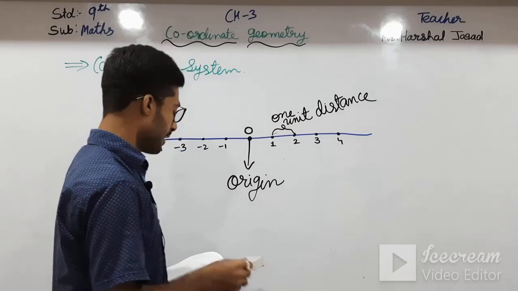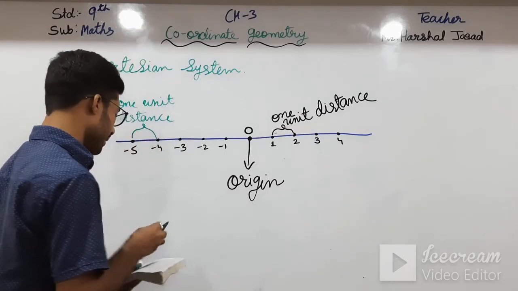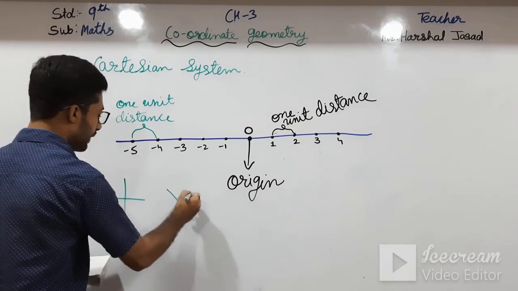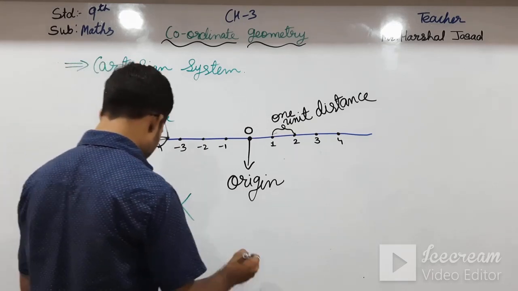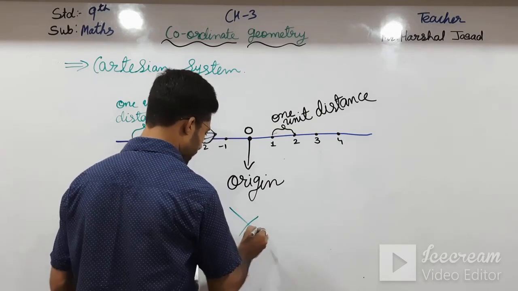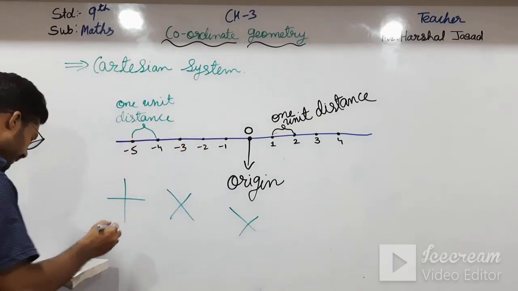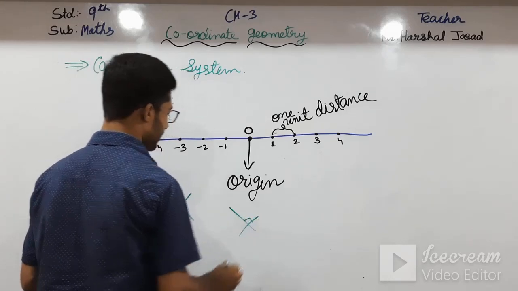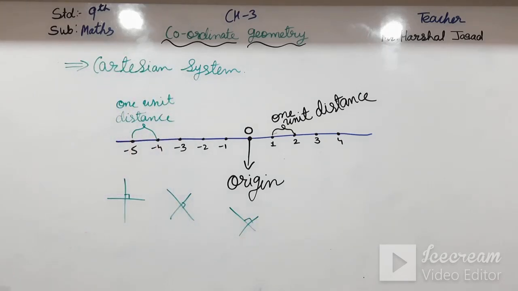See here, there are some lines in the figure given like this, and some like this. Okay students, this is 90 degrees, this is 90, and this is 90. So some of these are given here.